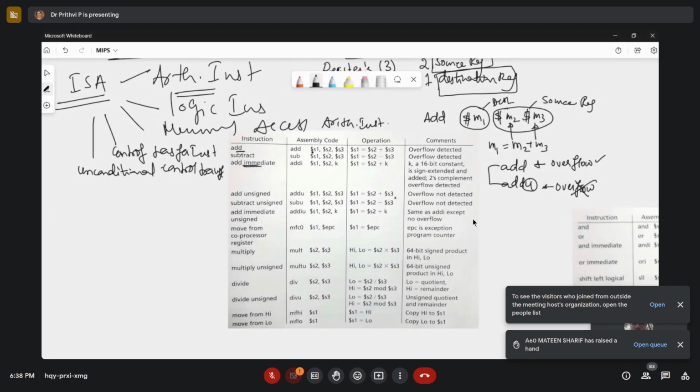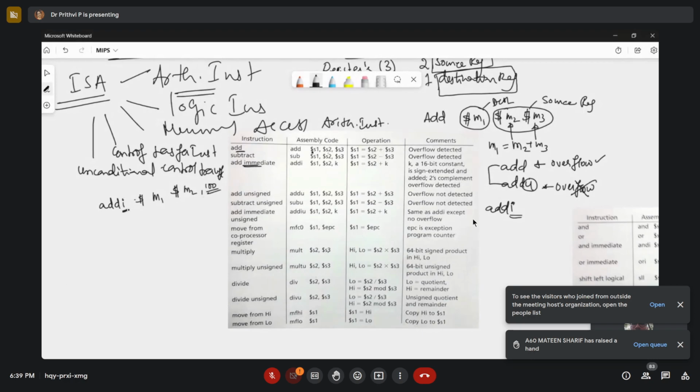Add immediate. Addi indicates that the value to be added, a constant value, is already indicated. Something like addi $M1, $M2, 100. These are just names of registers I'm giving, and 100 is a constant.